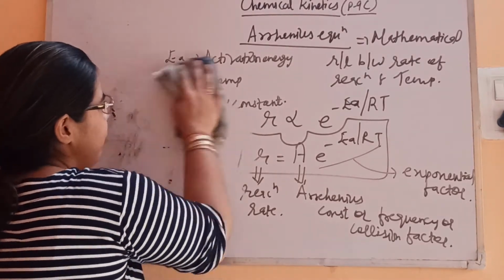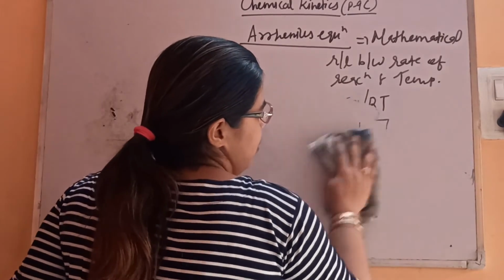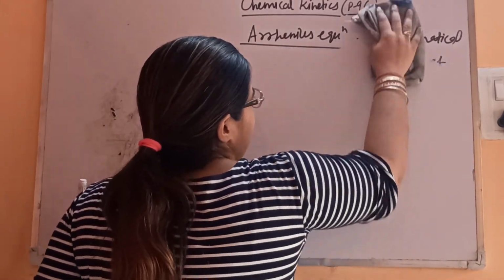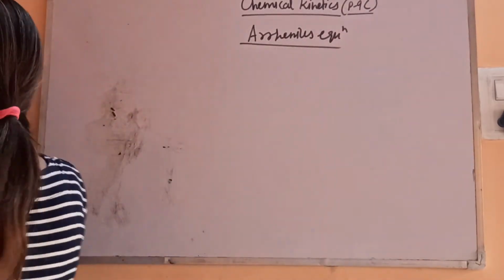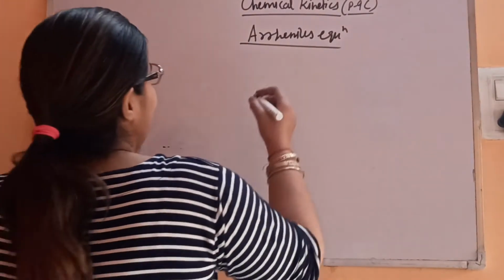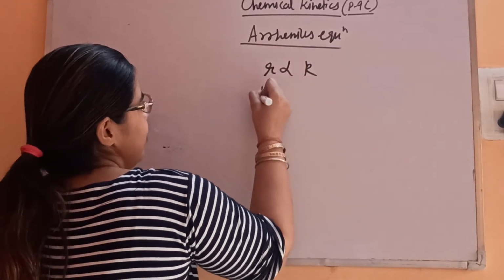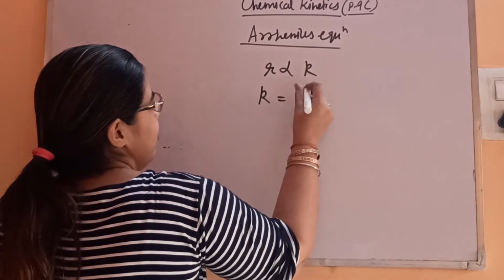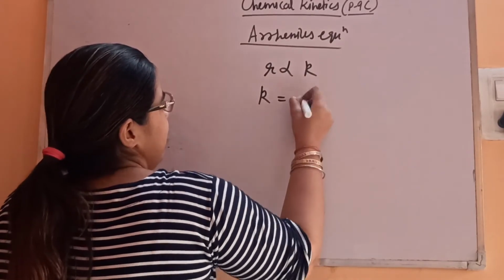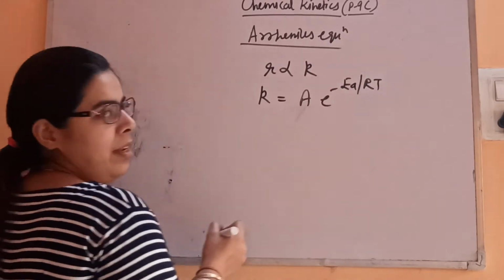Now let's modify this equation. How to modify? We know that the rate of reaction is directly proportional to K. So can we write K is equal to A e raised to the power minus EA by RT. Fine.